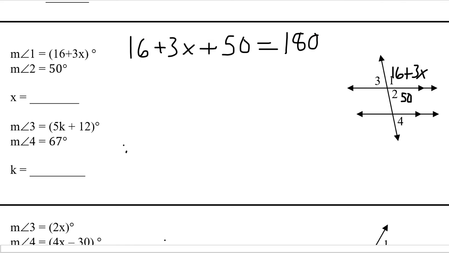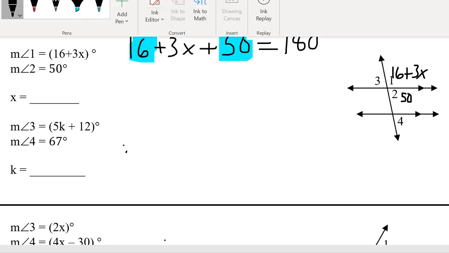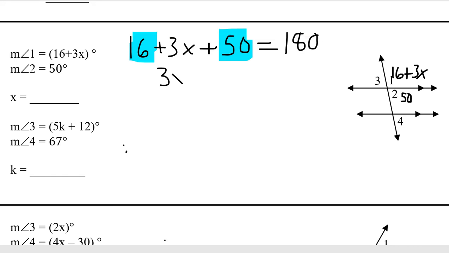I'm going to combine the 16 and the 50 together, and I'm just going to leave those on the left-hand side. I'm going to write 3x plus 66 is equal to 180.